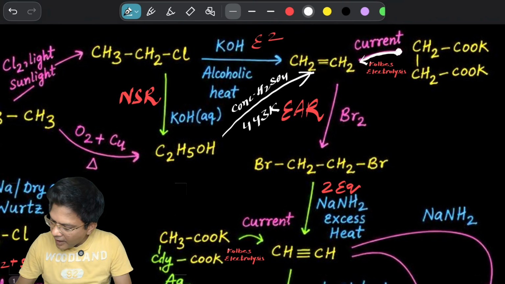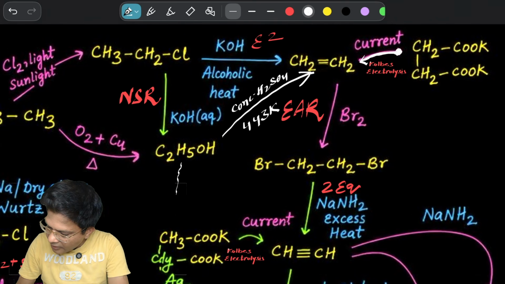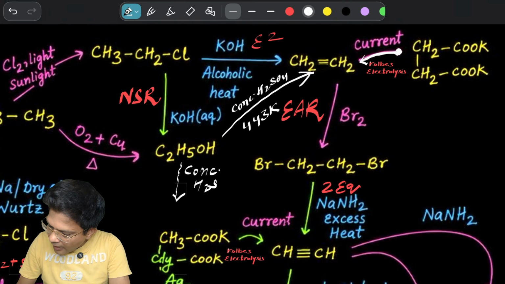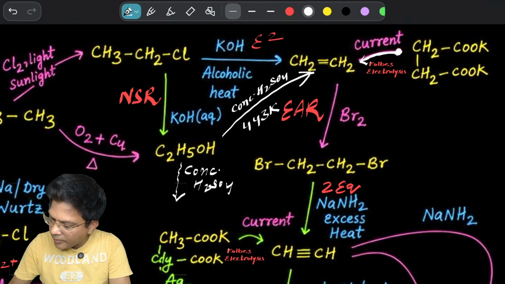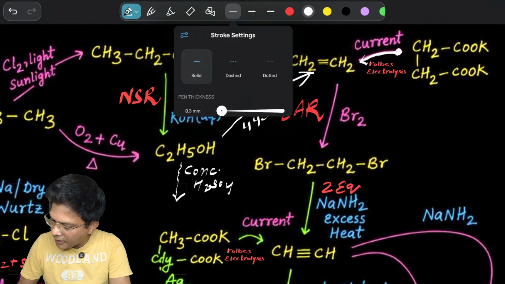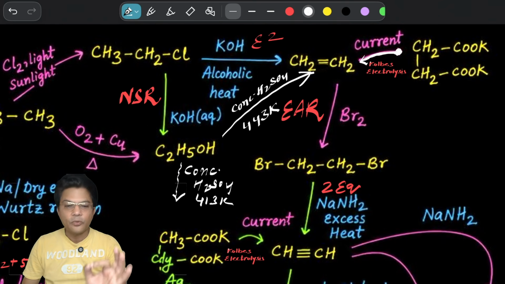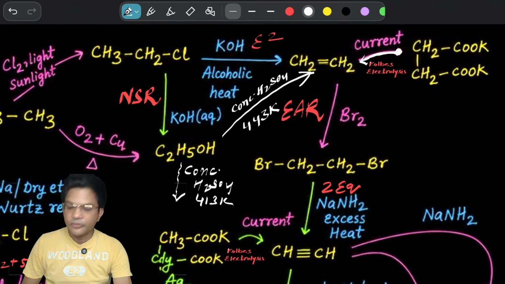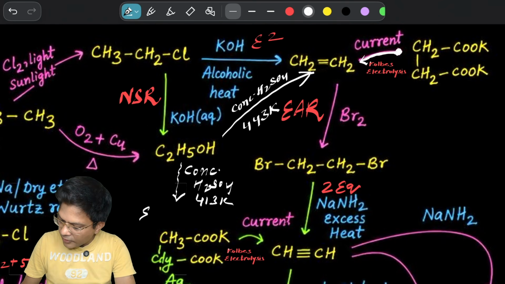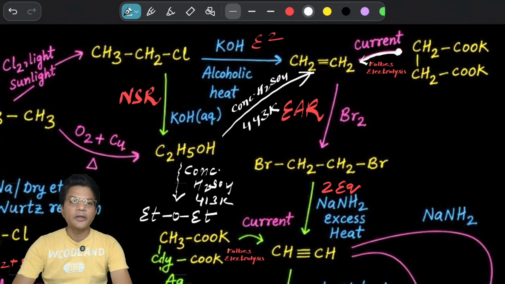Suppose I react this ethyl alcohol with concentrated sulfuric acid H2SO4 and maintain the temperature at 413 Kelvin, then this is known as Williamson's continuous esterification, and I would get diethyl ether. It's given in your NCERT, right?